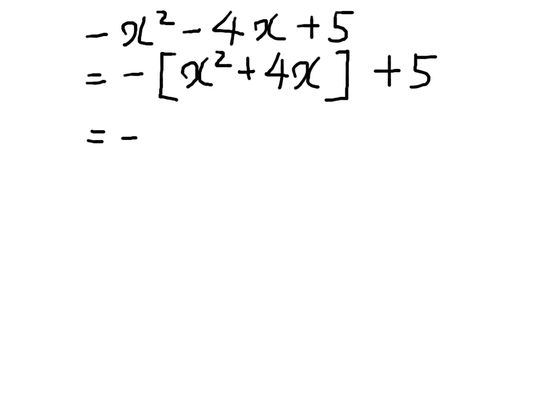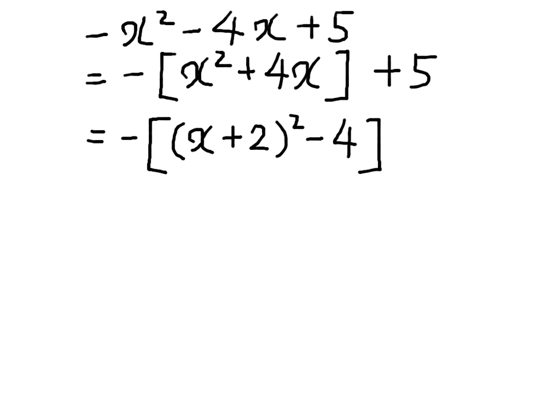Next line, I'm going to complete the square inside the square brackets. So completing the square, write x. Half of plus 4 goes inside, so plus 2. Square that. Subtract the square of 2, that's 4. Close the square bracket. 5 is still waiting outside.